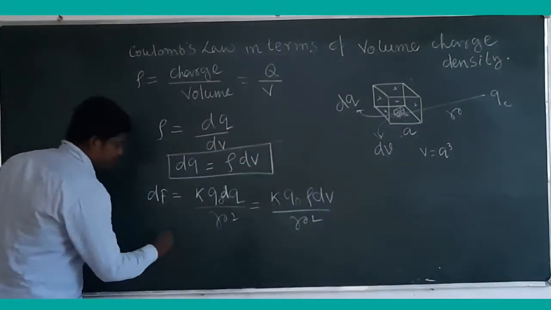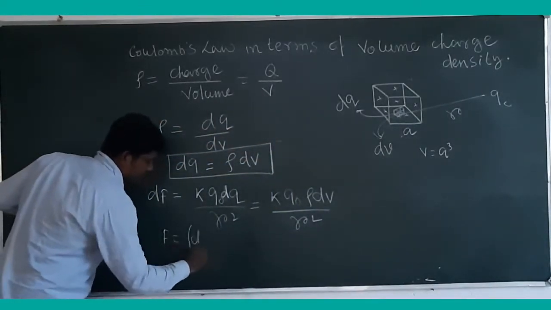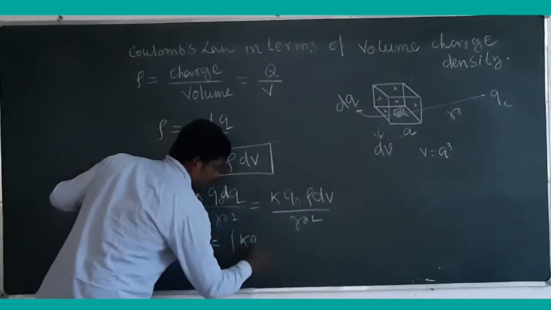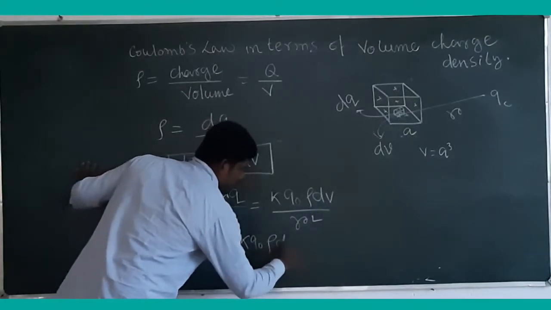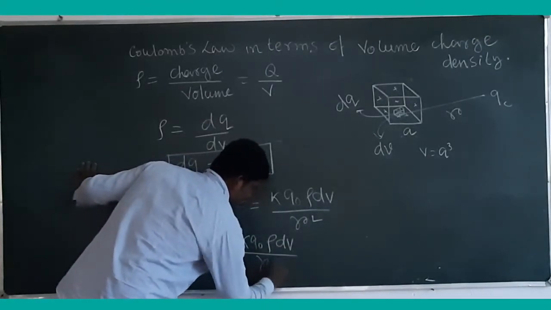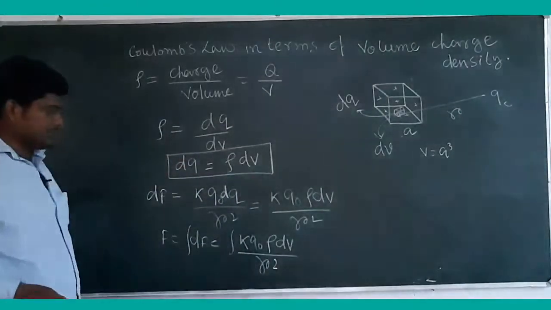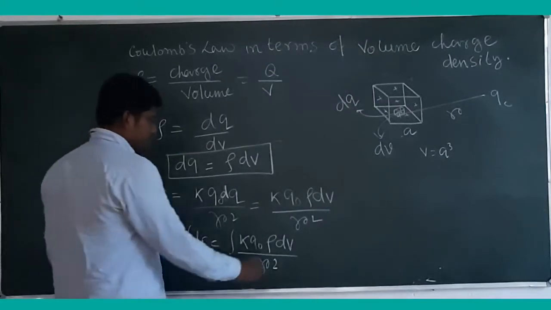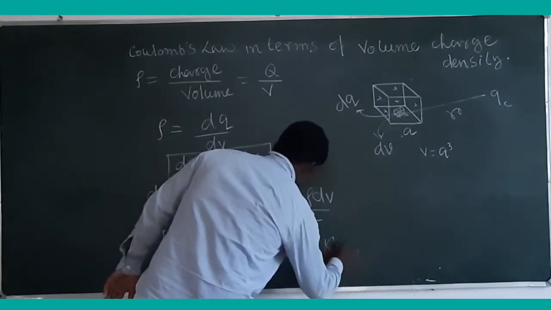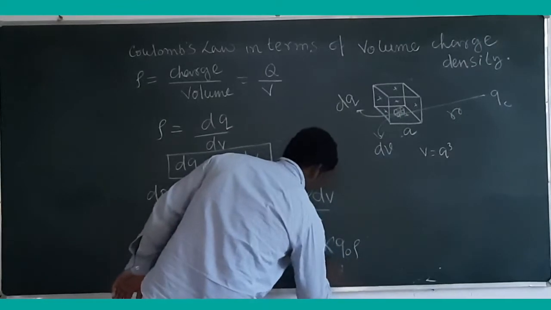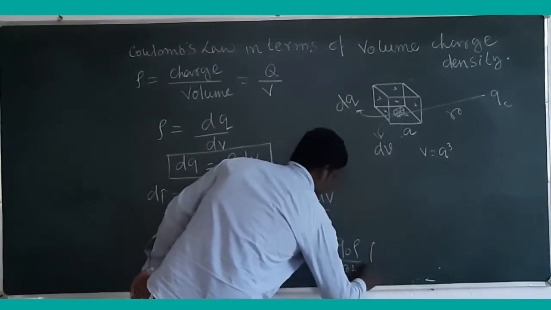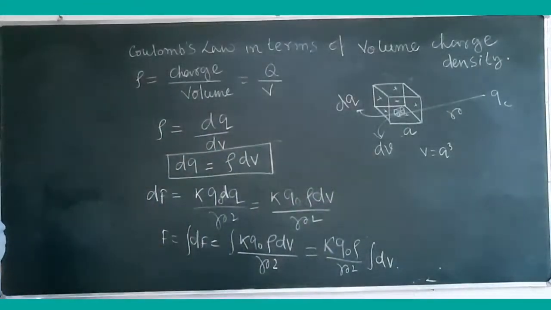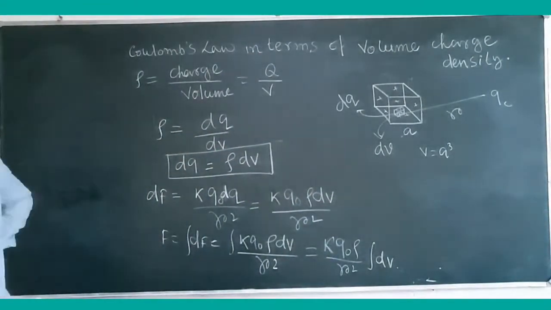Similarly you can write F equal to integral dF, which is obviously equal to integration K Q0 rho dV by r square. So this can be written as K Q0 rho by r square integration dV. Okay, got it or not?